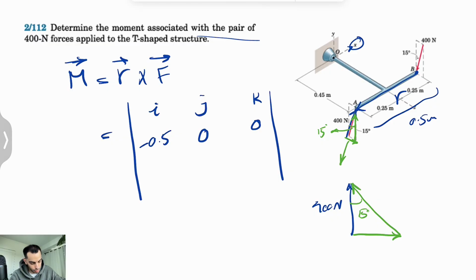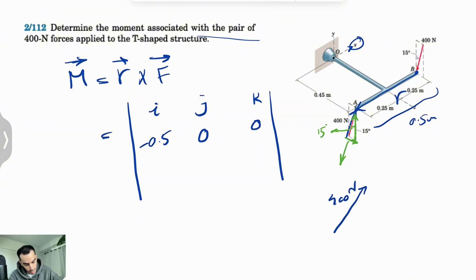Let me just show this force in here. This is our 400 Newton force, and this will be the y and z component. For the y component, this angle is 15 degrees. We can see the y would be 400 cosine of 15 degrees, and the z would be 400 sine of 15 degrees.